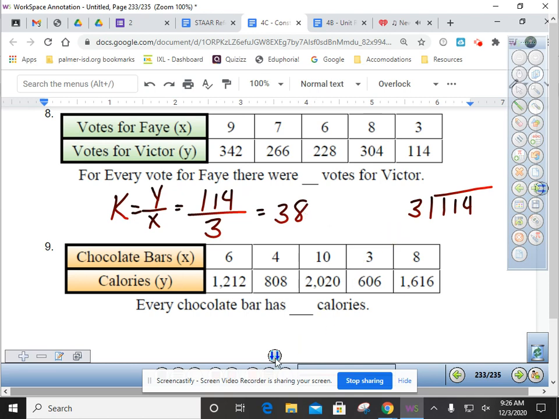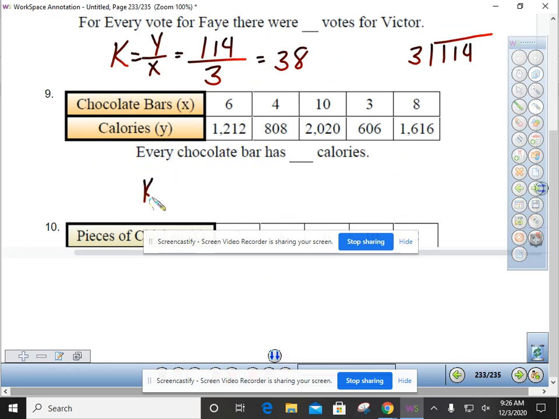What about the chocolate bars and the calories? K equals y divided by x. Which set of numbers do you want to use? 606 and 3. So what's y? 606. What's x? 3. What'd you get? It is not 22.